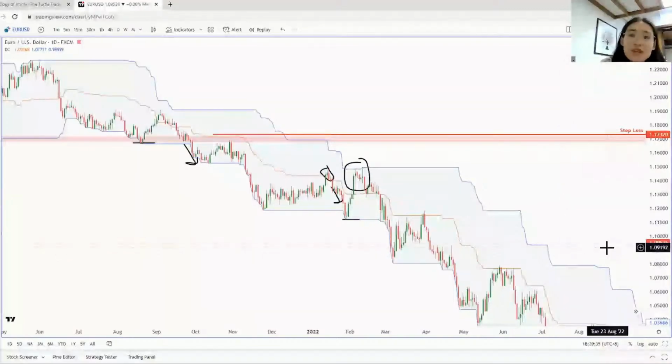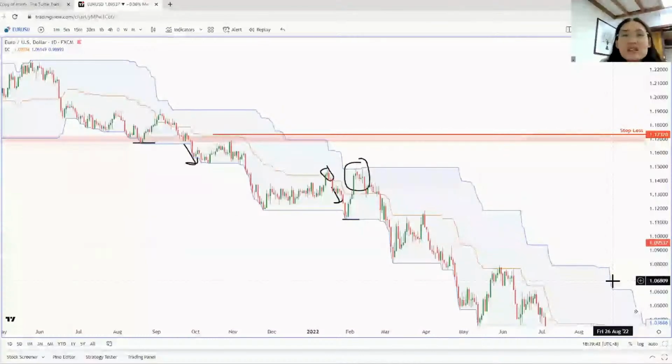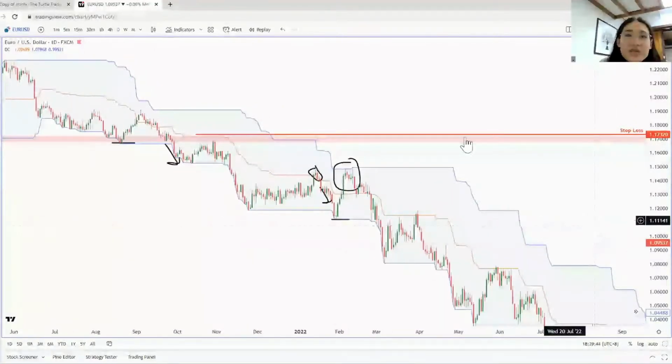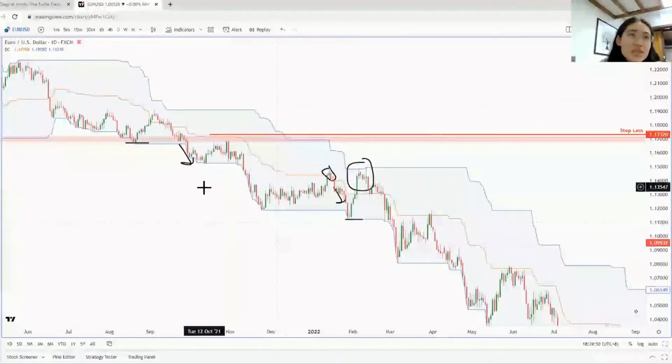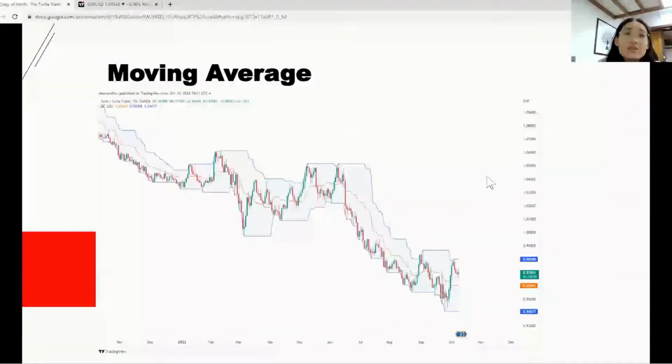So since they didn't really have any emotions as well as insecurities tied to this trade, it was probably easier for them to trade as well. Okay, so that's basically the gist of how they used to trade.